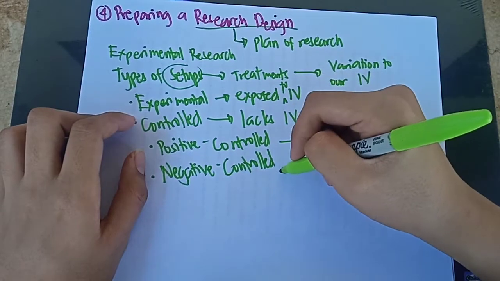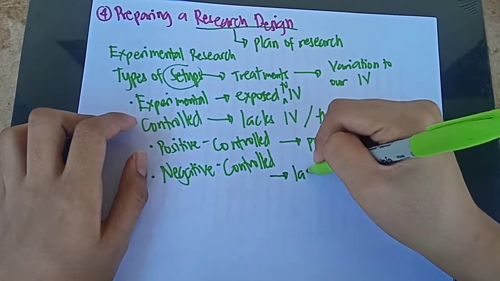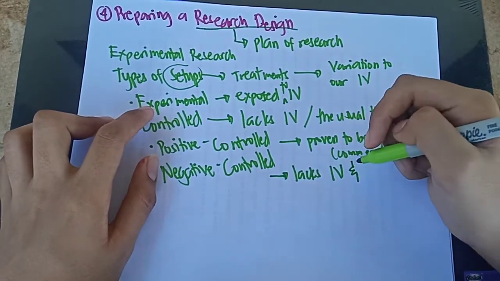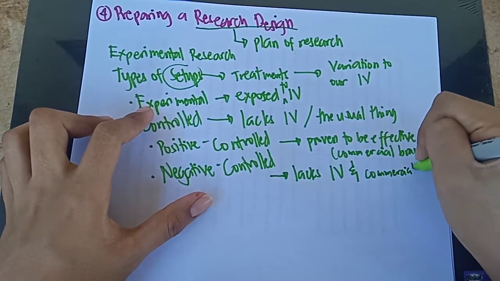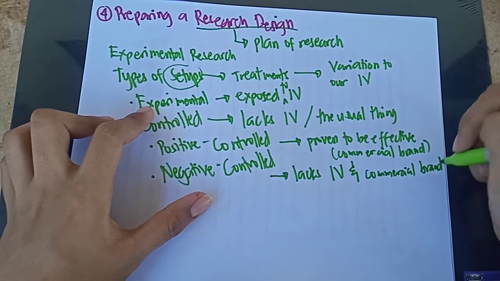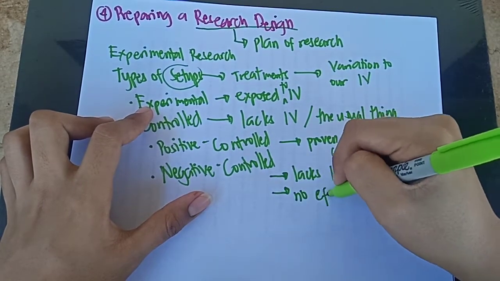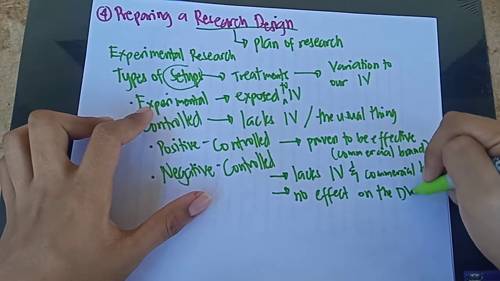While in the negative controlled setups, these are the setups that lack the IV, lack the independent variable, and lack the commercial brand. So meaning to say, negative controlled setups are the setups that have no effect on the dependent variable.